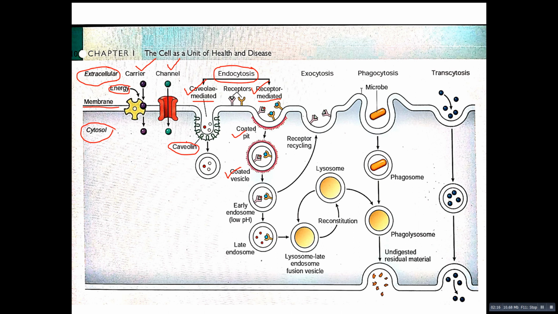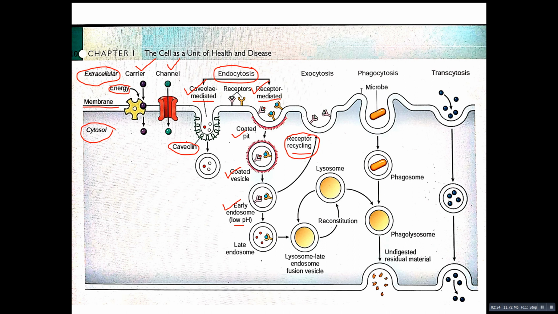Now this coated vesicle forms an early endosome, the pH of which is low, and as it forms the early endosome, it releases the receptor to be used for another cycle of endocytosis. So this receptor can be recycled.